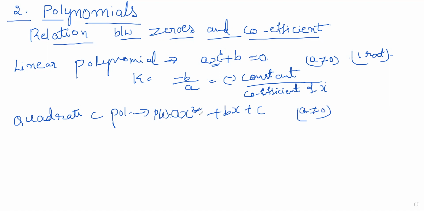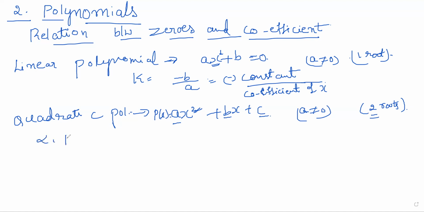The highest power is 2, so it has 2 roots or 2 zeros. Here a, b, c are the constants.